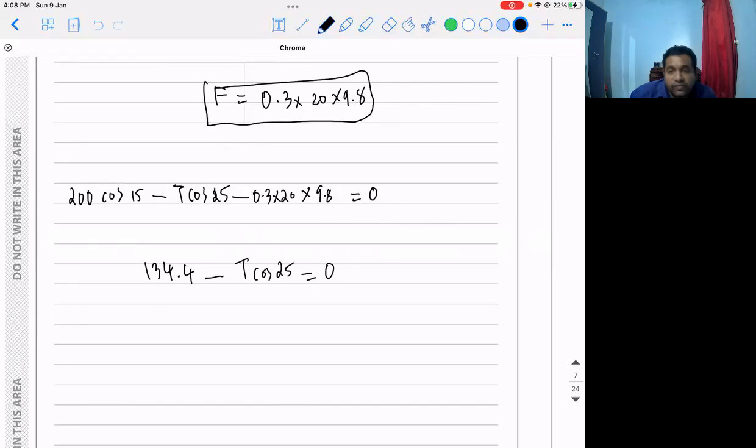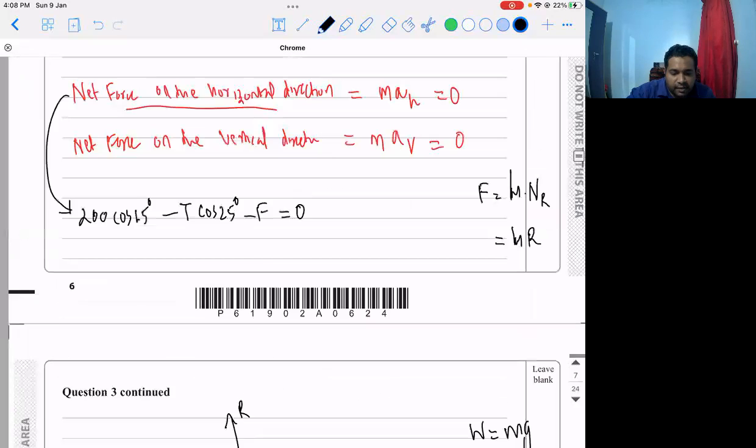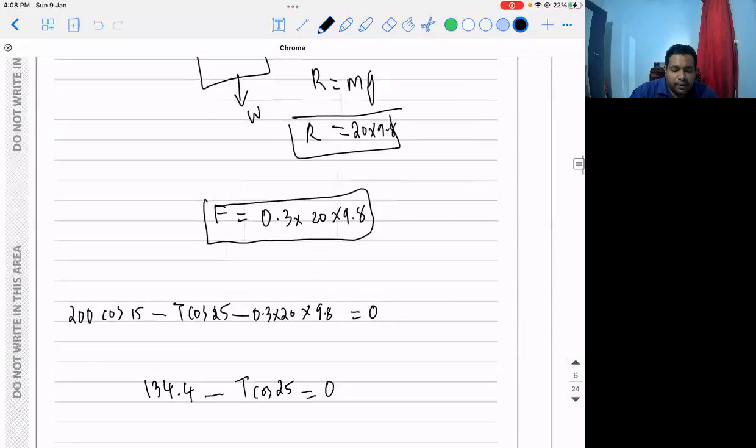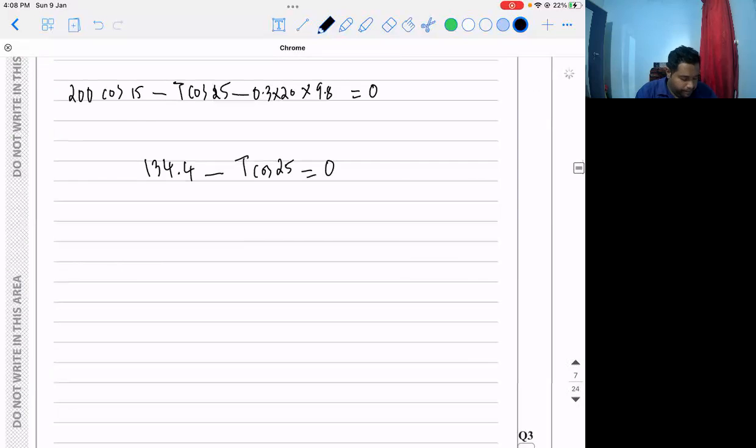From this, we can calculate the value of T. Please plug these values and find the answer, because they are asking: find the smallest value of T for which P remains in equilibrium.